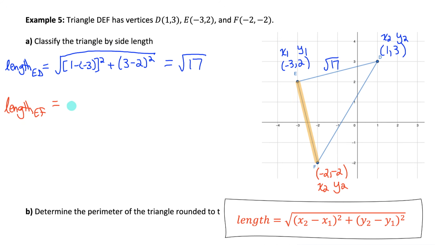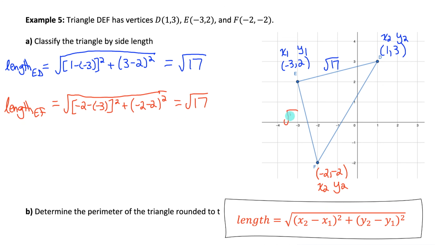And if I follow the length formula, I'll do the square root of the difference in the x-coordinates squared. x2 minus x1 would be -2 minus -3 squared, plus the difference in the y-coordinates squared. y2 minus y1 would be -2 minus 2 squared. Simplifying underneath the square root, the difference in the x's is 1, the difference in the y's is -4. 1 squared plus -4 squared is once again root 17.